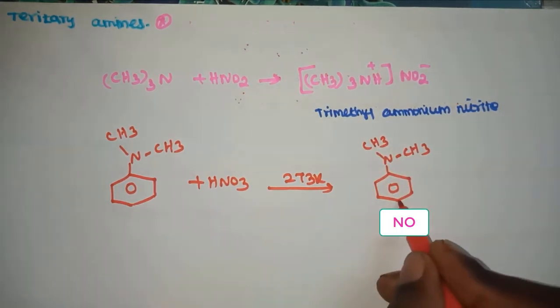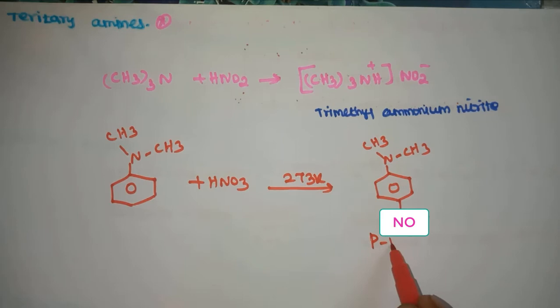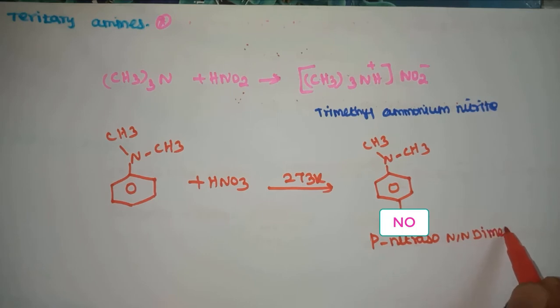One nitroso group is present in para position. So name of this compound is para-nitroso N,N dimethyl aniline.